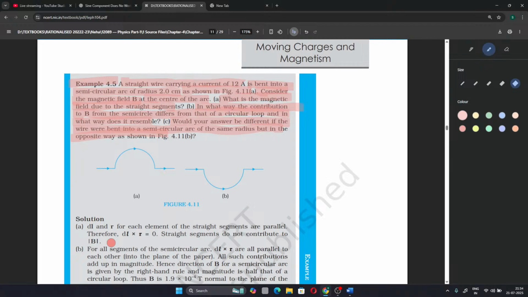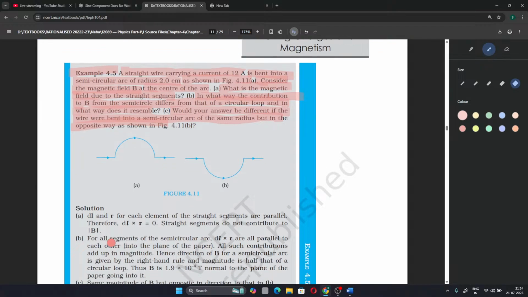The sine components do not get cancelled, and in case of resemblance, the cos components do get added up. That is the resemblance, but the sine components do not get cancelled in case of a semicircular arc. Okay, let's see the solution.